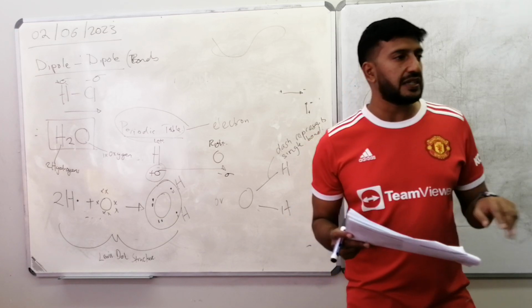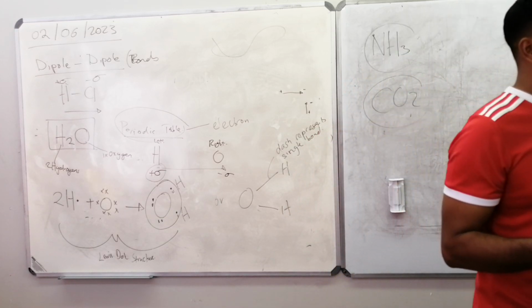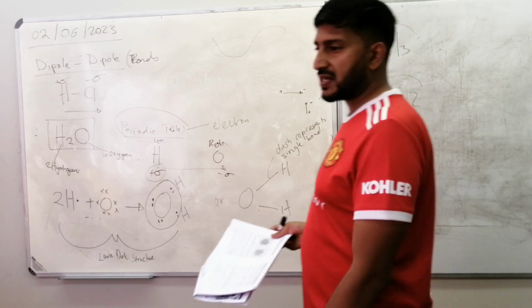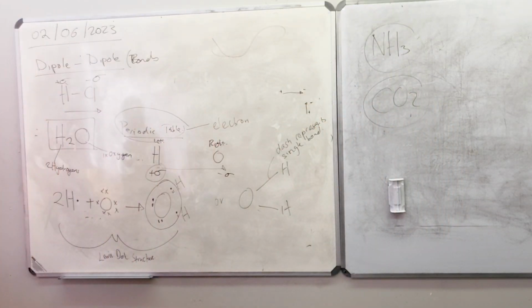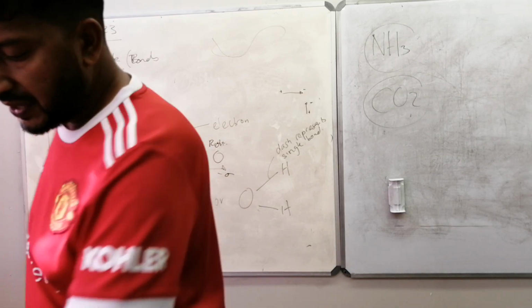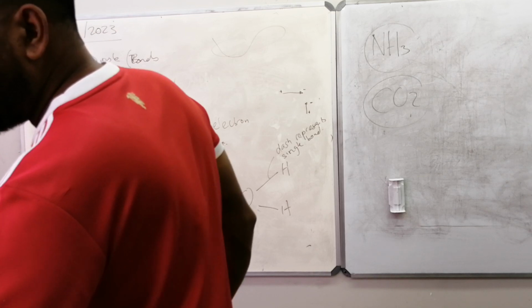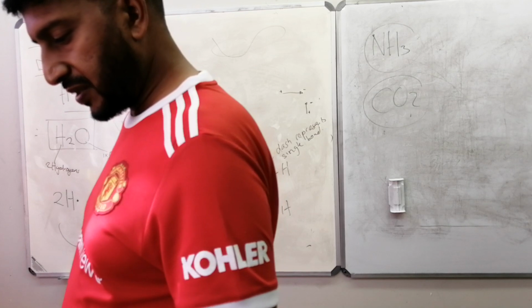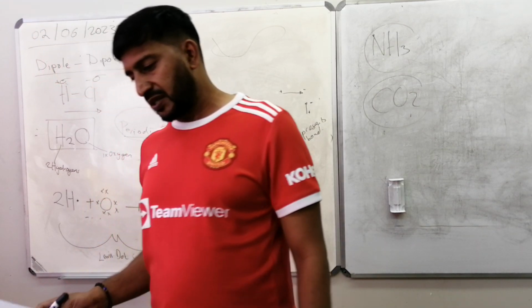How many unpaired electrons are in the ammonia? Can you see the 2 X's there? There are no dots around them. So it's 2 unpaired electrons. How many bonds can be formed? Possibly 2 bonds.